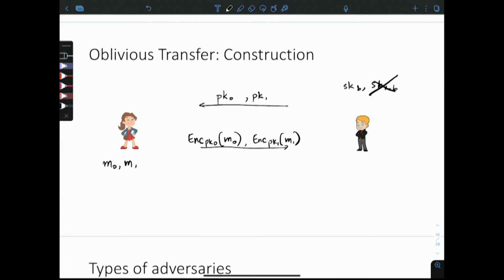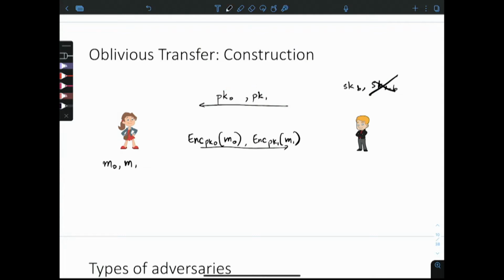I'm not suggesting that you can use any public key encryption scheme here, but if you had an encryption scheme with the property that you could sample a pair of public keys and know the secret key corresponding to only one of those keys, then Bob could send both keys to Alice, and assuming the 2 keys are indistinguishable from each other, Alice wouldn't learn which of the 2 secret keys Bob holds.